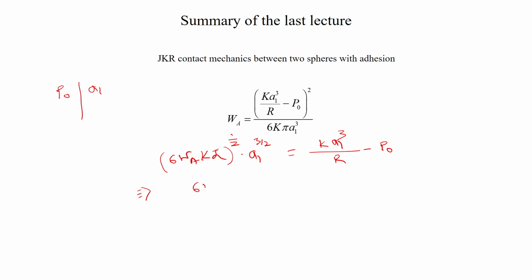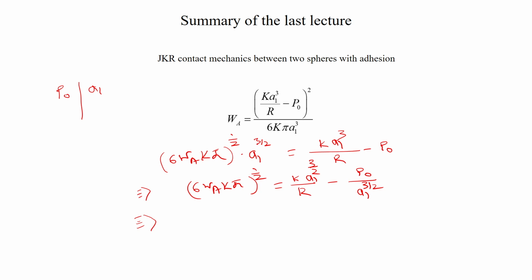Then I will have square root of 6 WA K pi equal to K by R A1 to the power 3 by 2 minus P0 by A1 to the power 3 by 2.